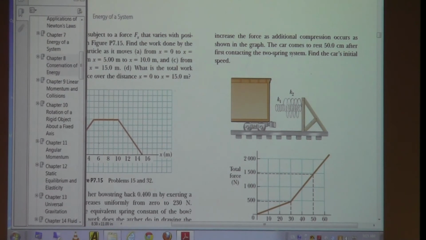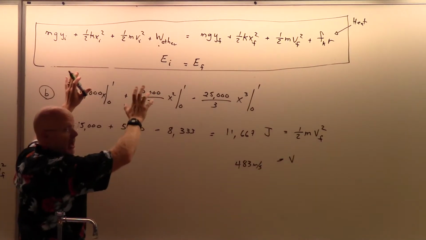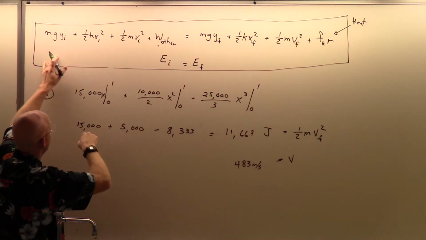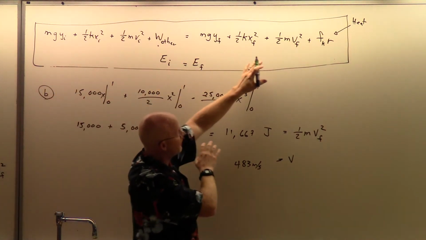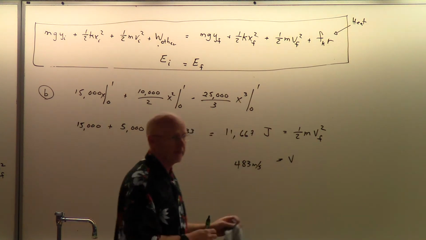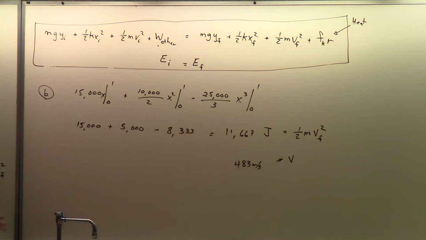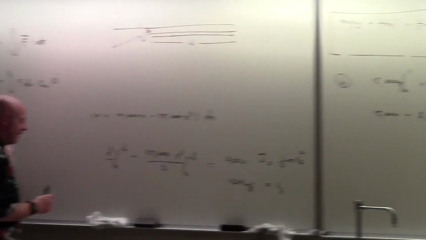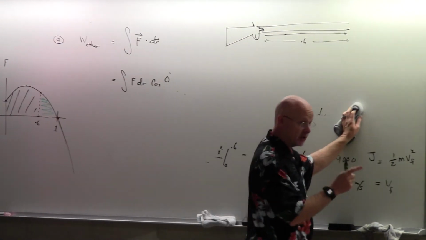So let's talk about this one here. I'm going to use this one in its grand finale form here, although, again, this is a simpler problem. It doesn't have all of them. But I would say that what's not well illustrated here is that I would have two springs. That was your question, right?